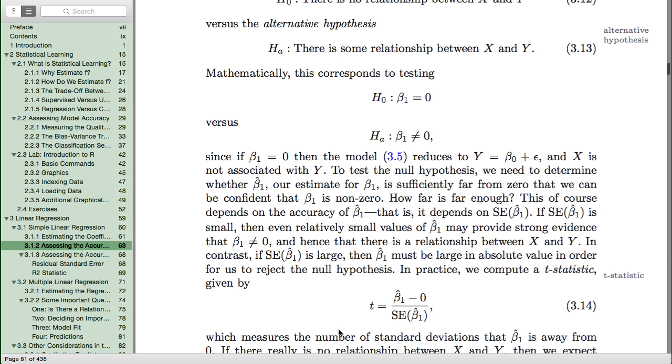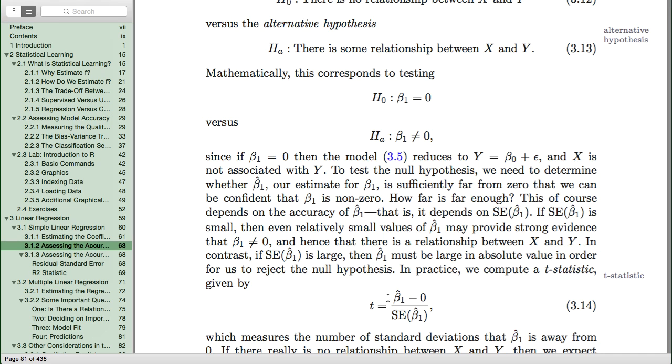Okay, so how do we know which of these are true? We check the ratio between beta hat 1 and the standard error of beta hat 1. This is the ratio of the estimator of the coefficient and the variability of the estimator of the coefficient.